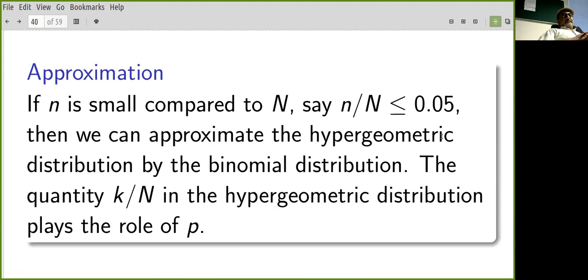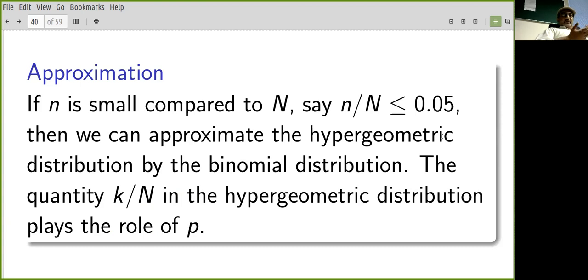So if small n is small compared to capital N, say small n divided by capital N is less than or equal to 0.05, we can approximate the hypergeometric using the binomial distribution. That is, this k over capital N in the hypergeometric distribution would be the p when you're approximating using the binomial distribution.